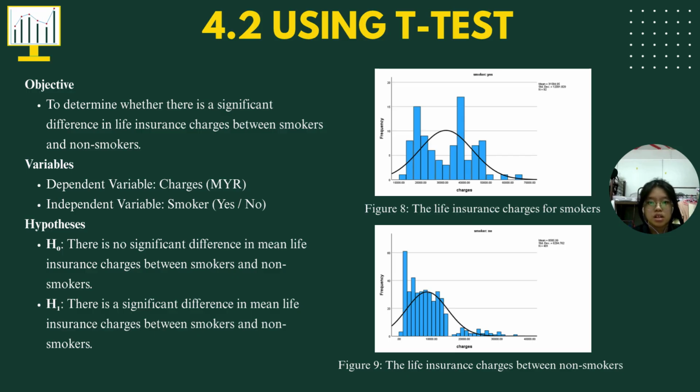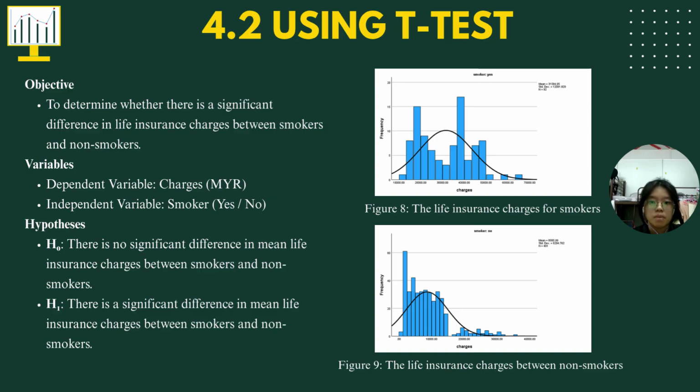The purpose of this analysis is to determine whether there is a significant difference in life insurance charges between smokers and non-smokers. In this study, the dependent variable is charges measured in Malaysian ringgit, while the independent variable is smoker status, which consists of two groups, smokers and non-smokers.